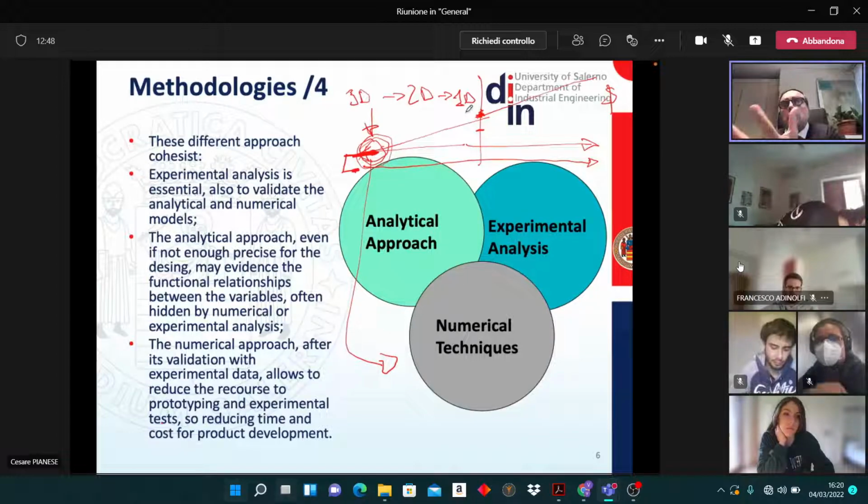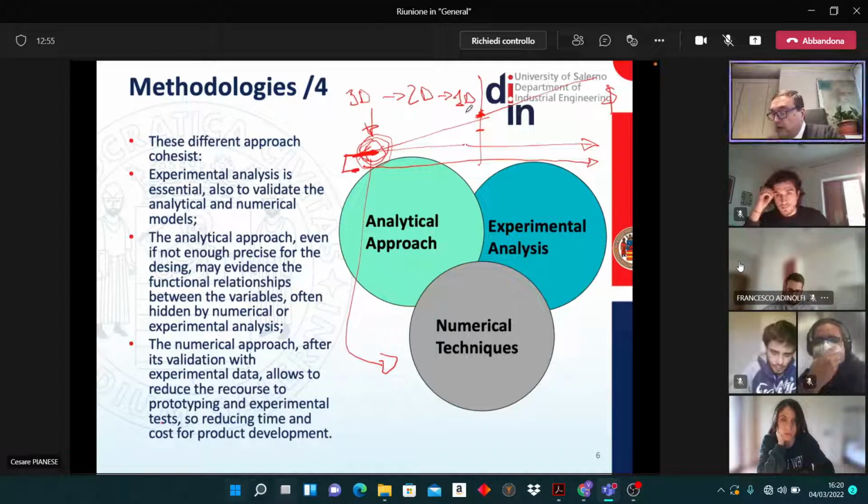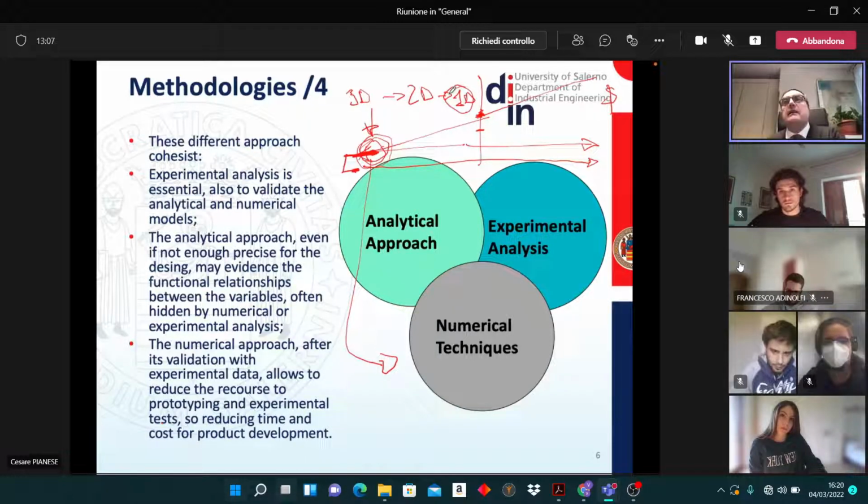Of course, if you move right in terms of analytical content of your model, you reduce the accuracy of your model, and then if you move towards the right, you need more experimental data. If you increase the experimental data, you need to spend some money. You need a budget for what?